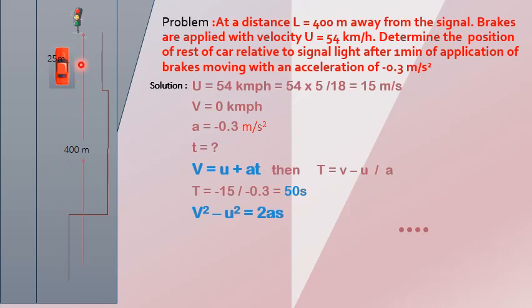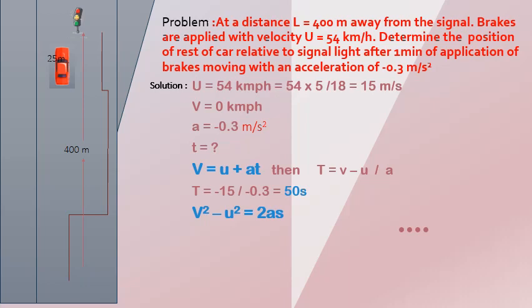If you calculate the distance, you can subtract it from the total distance and you will get the position of the car after 1 minute. So here taking this equation of motion, v square minus u square equal to 2as, this formula should be used when there is no time. So s you have to calculate.